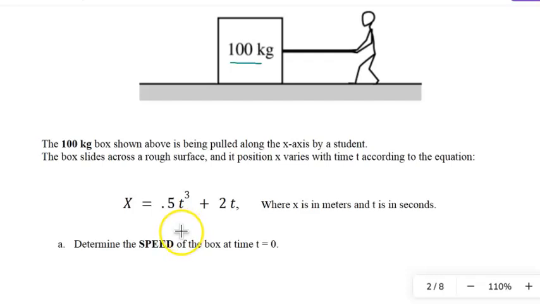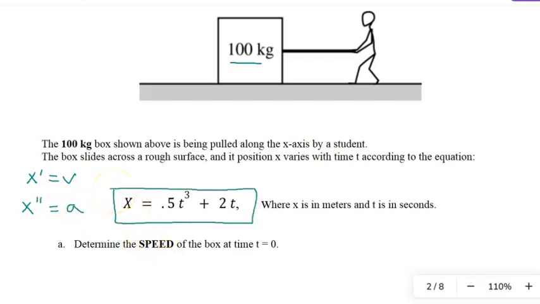Okay, and so that's what I would suggest. Next to each function, you can say, okay, what is x prime? It's the velocity. What is x double prime? It's the acceleration. Okay, so that's what's really cool, is that hidden in the position function, now that you all know how to take derivatives, you have the velocity function, you have the acceleration function.